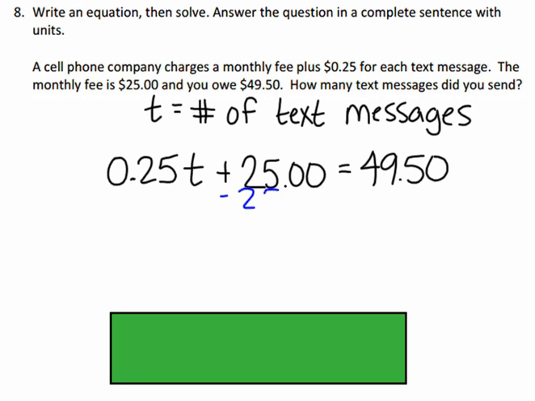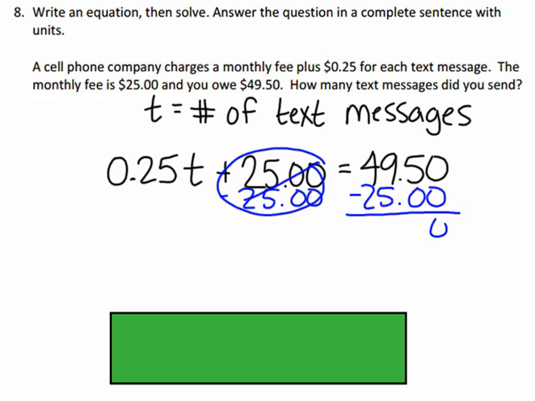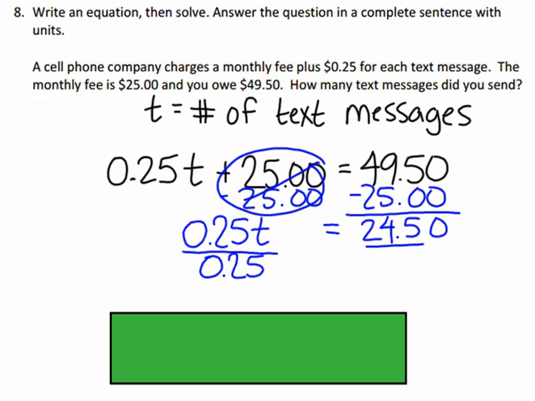I'm going to subtract 25 from each side. Pull my zero pairs. So I now have 0.25 T equals $24.50. Next, we'll divide by 25 cents.